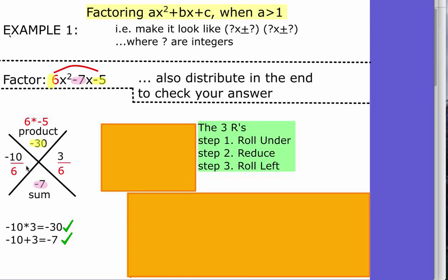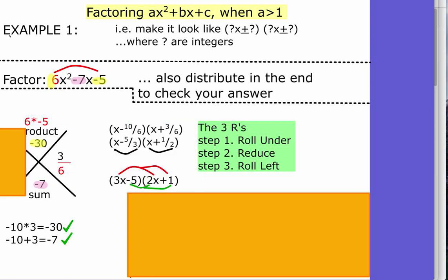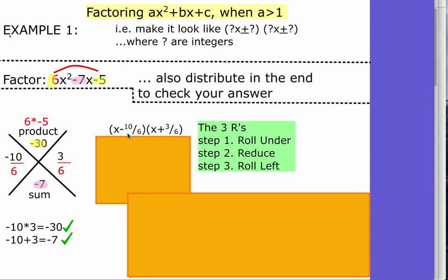Now I'm going to write these left and right terms from the x into parentheses right here. So we get x minus 10 over 6 and x plus 3 over 6. Just to be crystal clear on where those numbers came from, I'm going to highlight those in green.